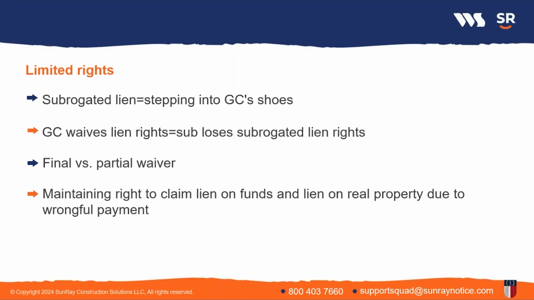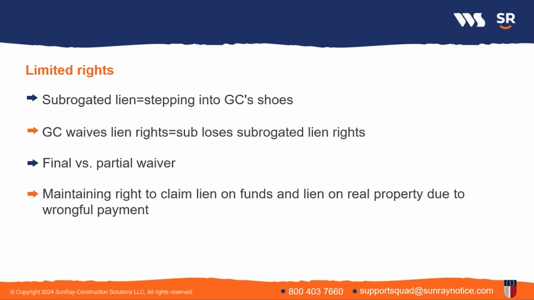A partial lien waiver may also limit the amount of a subcontractor's claim to the amount remaining on the prime contract following the latest partial lien waiver, if that amount is less than the amount owed to the subcontractor. Importantly, a contractor's lien waiver does not affect the subcontractor's right to claim a lien on funds or a lien on real property due to wrongful payment.